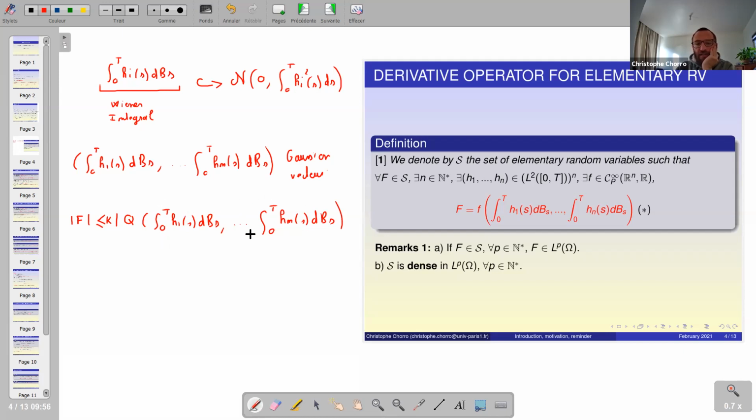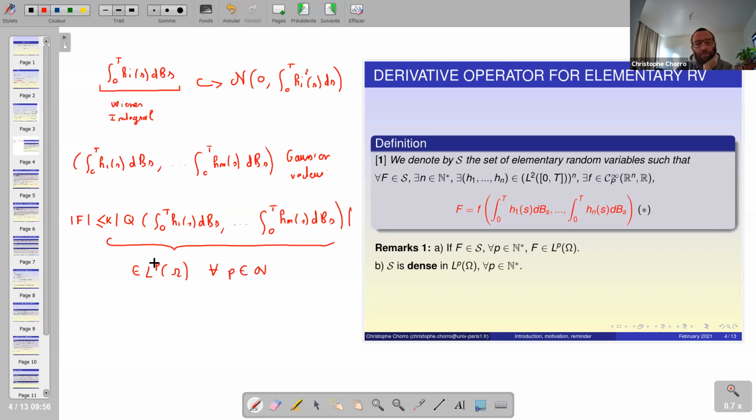But products of elements of a Gaussian vector have moments of all order. And so I can say that this one belongs to L^p of omega for all p belonging to N star.